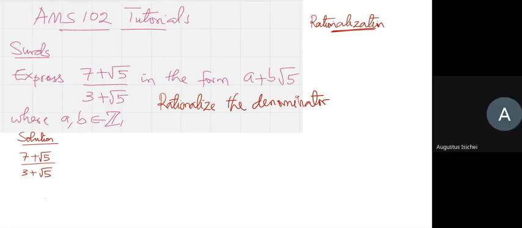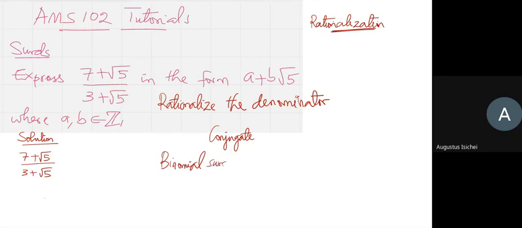So Anna asked a question, the difference between conjugates and rationalization. That is a very important and very interesting question. I'm bringing a new word again, but I have to mention the word before we can continue.